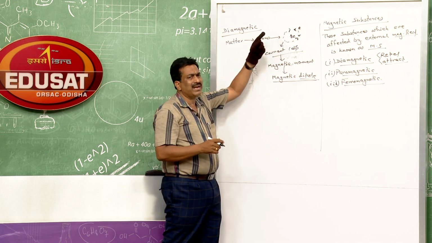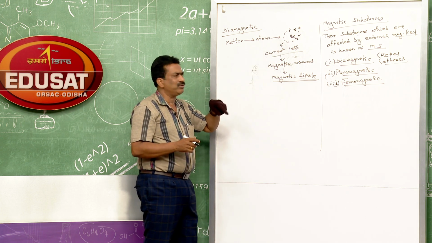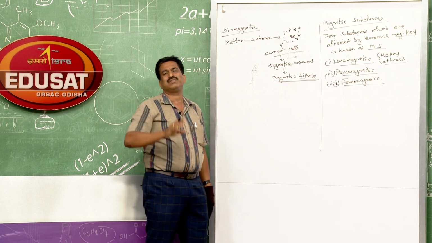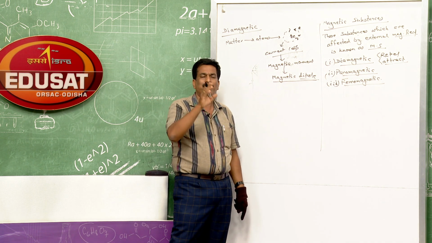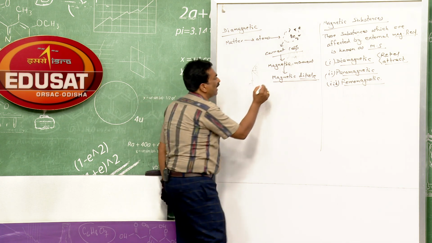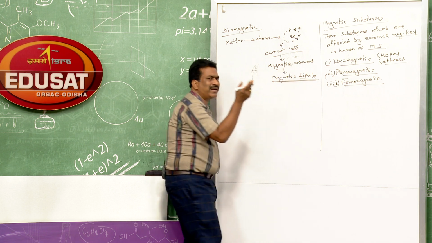When a magnetic dipole is produced, inside the atom not only one electron is there, it has a number of electrons. If there are a number of electrons, there are a number of magnetic dipoles.